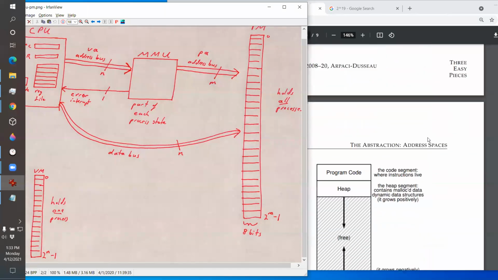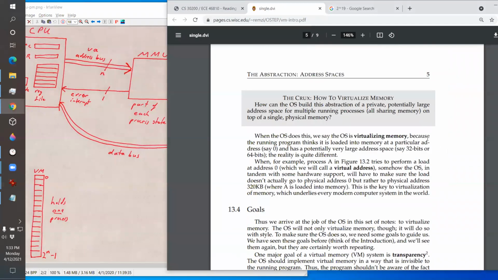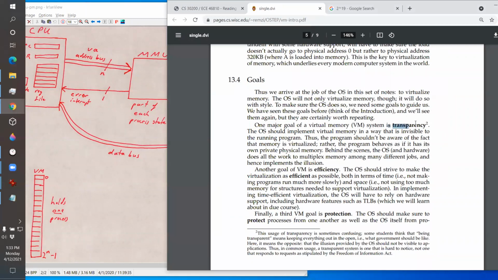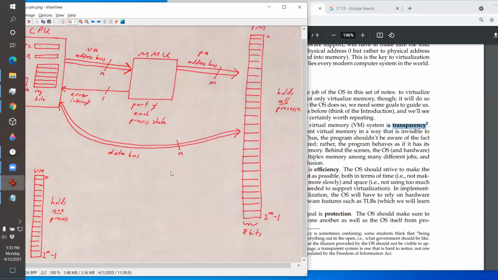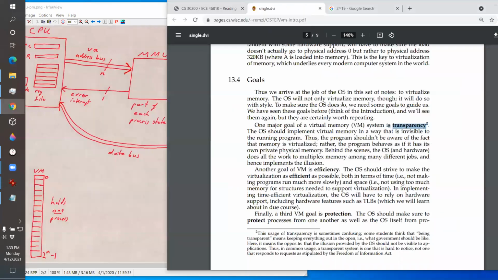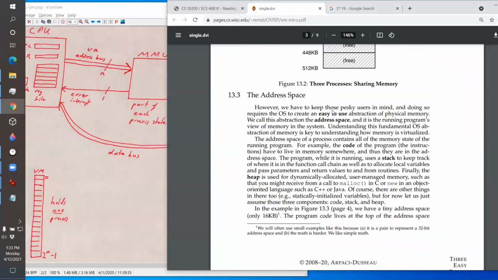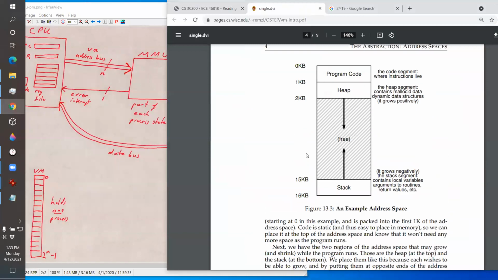Okay, and then there's another goal he mentions of transparency. Okay, here's what that means. This has got to do with the way the compiler thinks. If we go back to these here, the compiler builds this when it compiles your program.